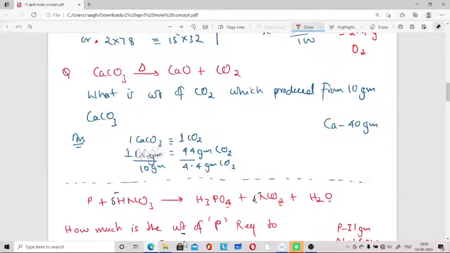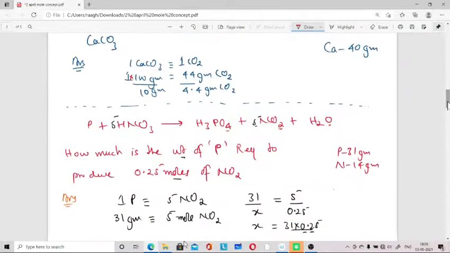Weight of 1 mole of calcium carbonate is 100 gram. Weight of 1 mole of carbon dioxide is 44 gram. So 10 gram of calcium carbonate will give 4.4 gram. So the answer will be 4.4 gram of carbon dioxide.